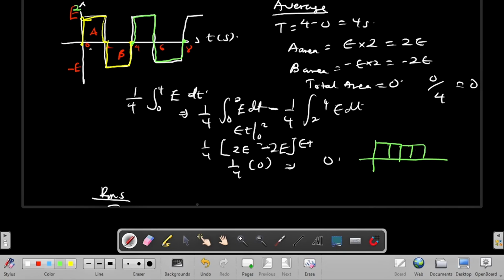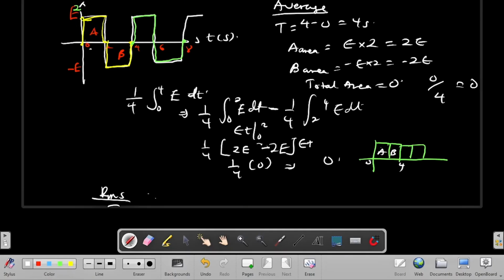Because of that, to find the new area with regards to my RMS, first of all, the area of A, so both my A and B will be on top, from 0 to 4. To find the area of A alone, it's simply going to be 2 times E squared, because right now my peak voltage, which was E, has been squared.